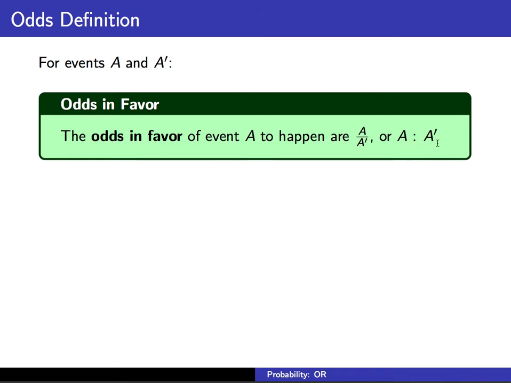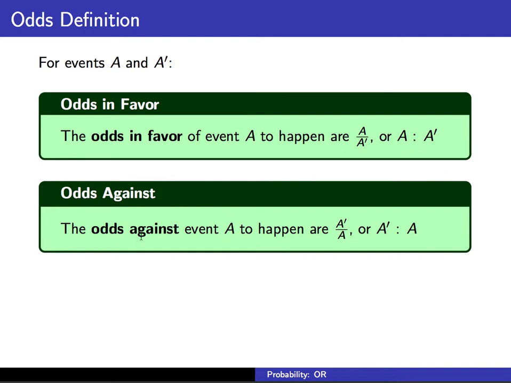The odds in favor of event A to happen are A over A prime, or A to A prime. So wanting event A to happen, the odds in favor of event A are A over A prime or A colon A prime, where we replace the word colon with the word to, so A to A prime.